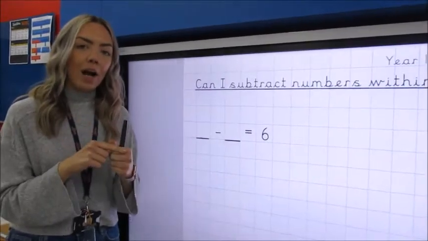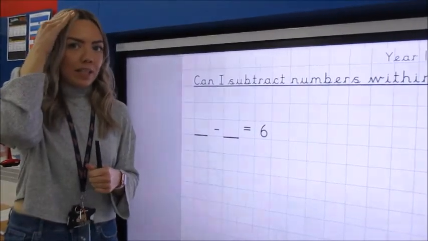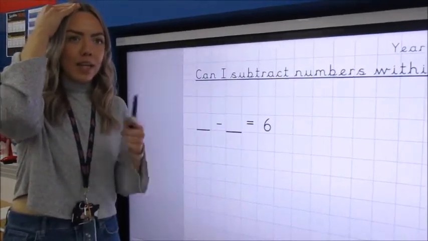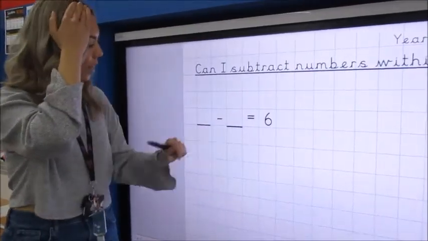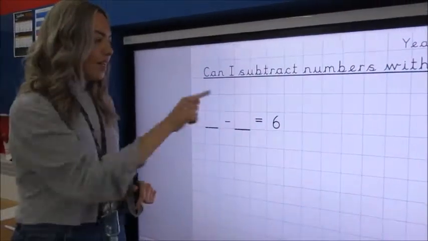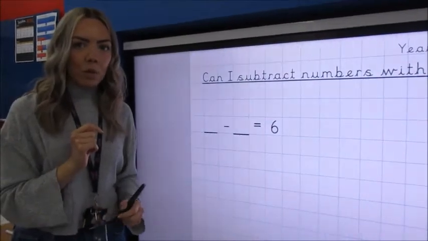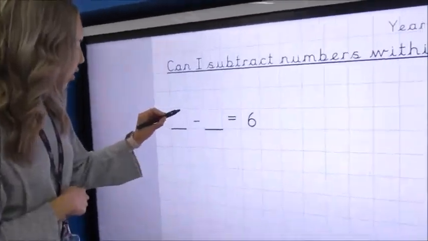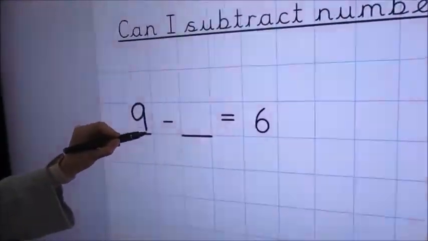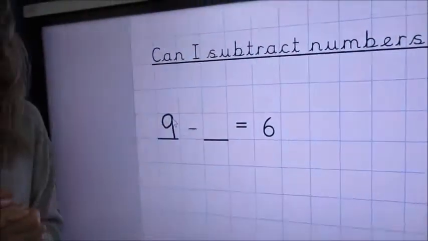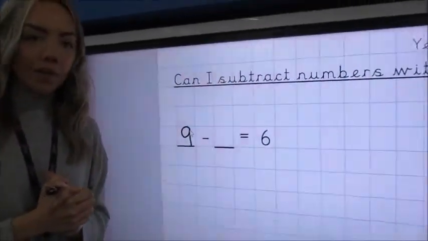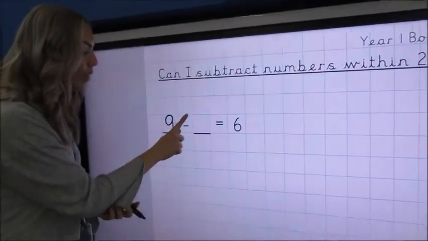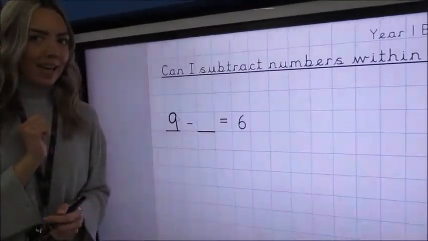But thinking about your mental arithmetic here, so how we can think about taking away numbers. So I know that if I start with 9, that's a much bigger number than 6, isn't it? So if I start with 9, you've almost then already created a sum for yourself. What do I take away from 9 to get 6?